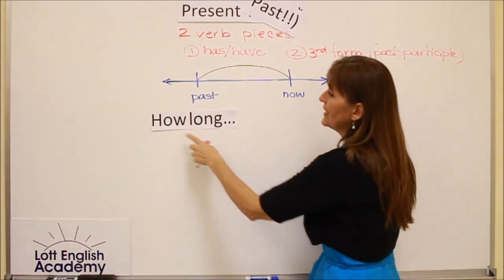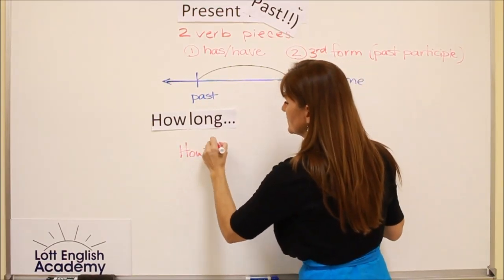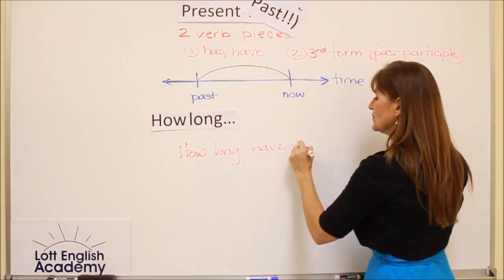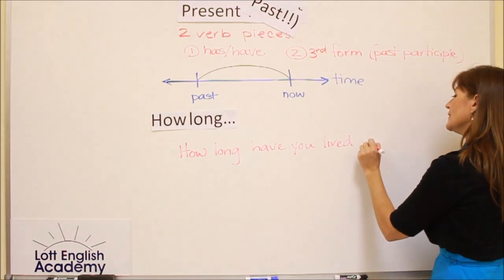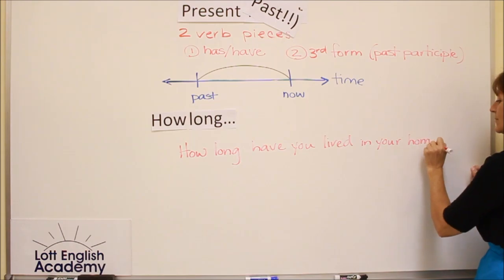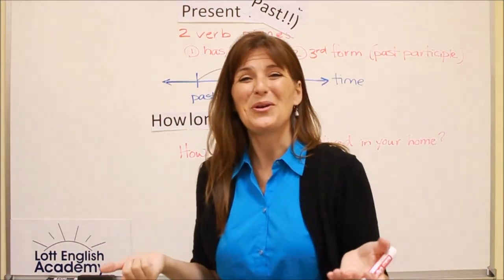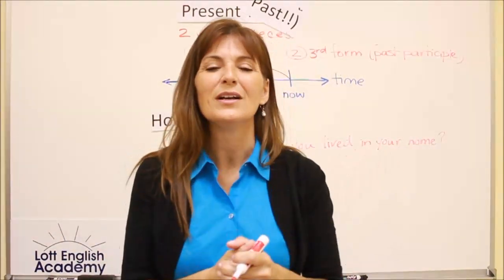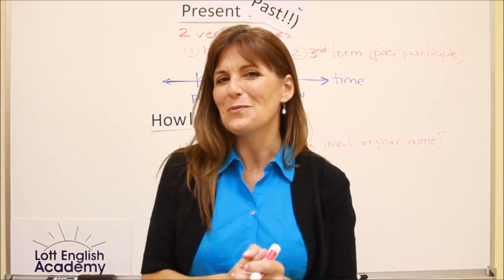So I could say in a question, how long have you lived in your home? The place where you live is your home. If it's an apartment or wherever it is, that's your home.